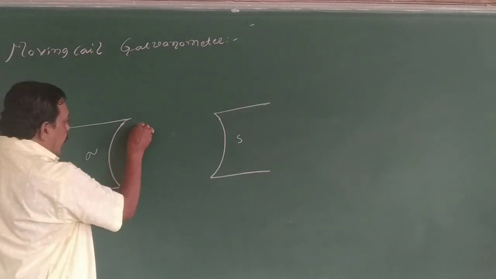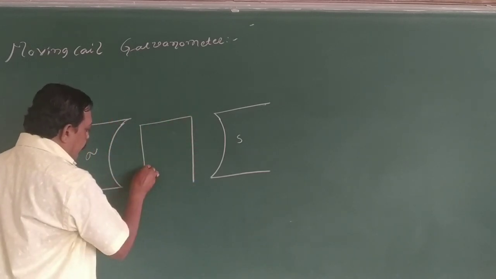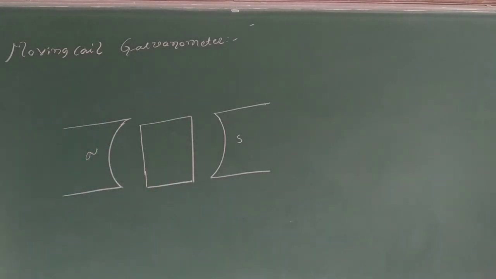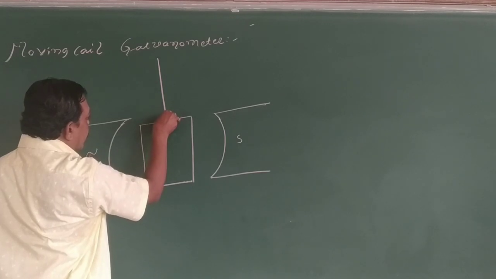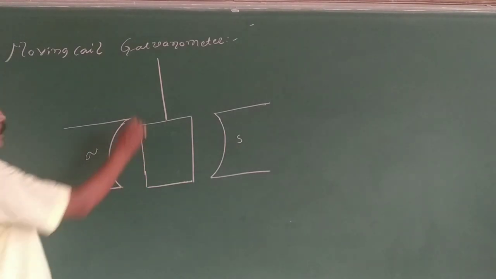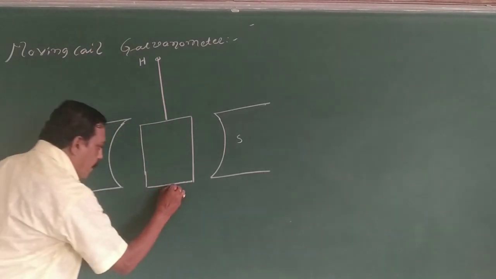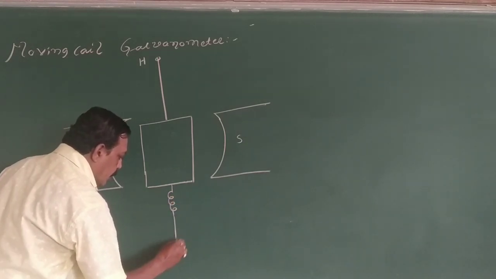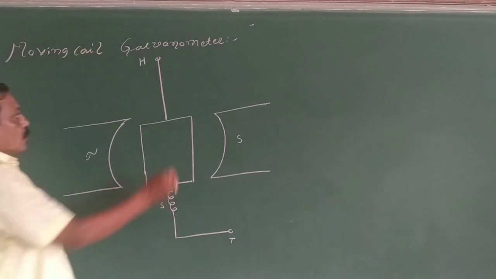A rectangular coil of n number of turns, with the help of phosphor bronze as a suspension strip, is suspended between the two pole pieces of the magnet, and it is connected to the torsion head H. The lower end is connected to a spring-like suspension with terminal T1, and the upper end, the torsion head, goes to another terminal.